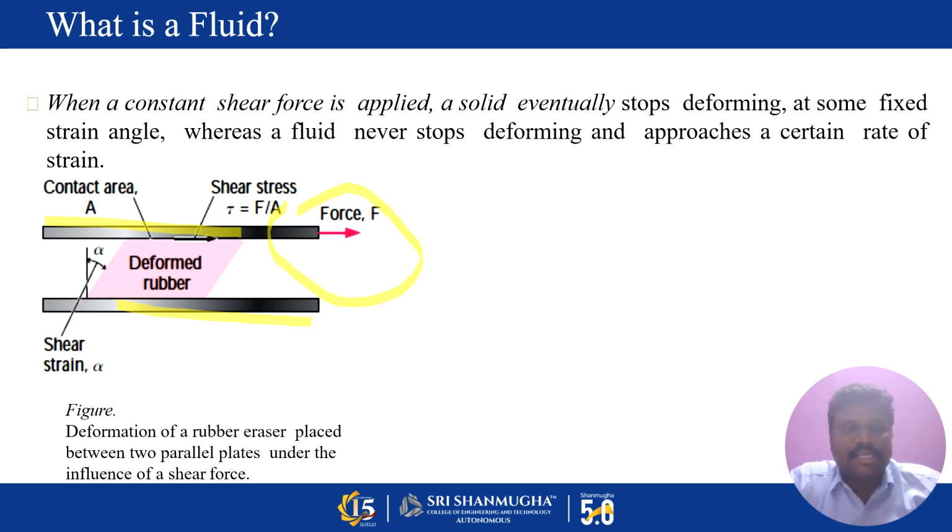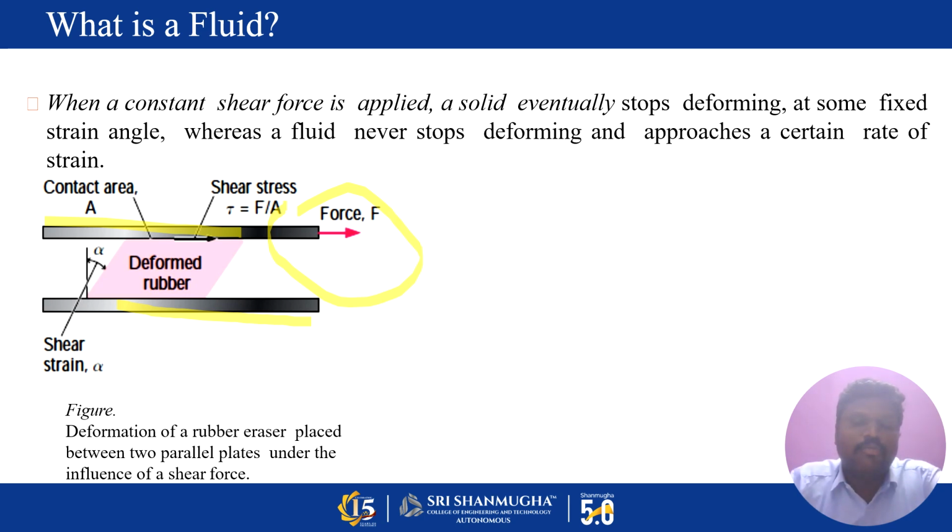Here this is the contact area between the two surfaces, with the liquid flowing between them. Here is the surface area A, and shear stress tau is equal to force divided by area.